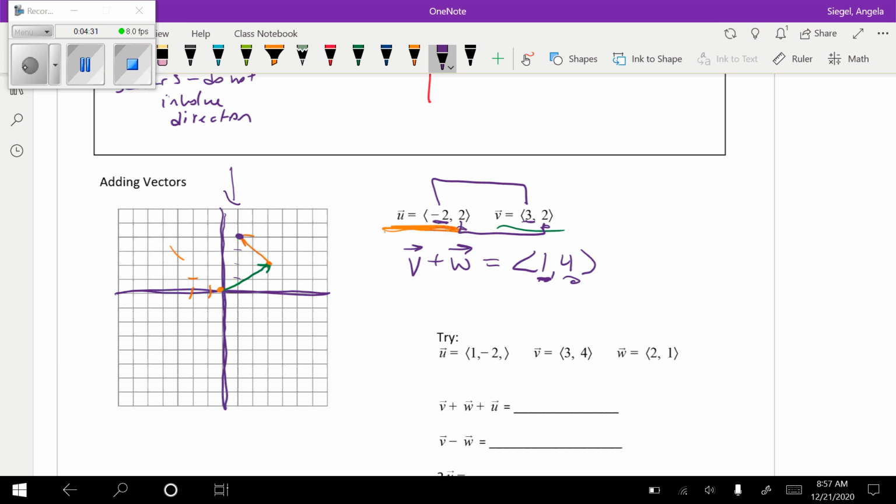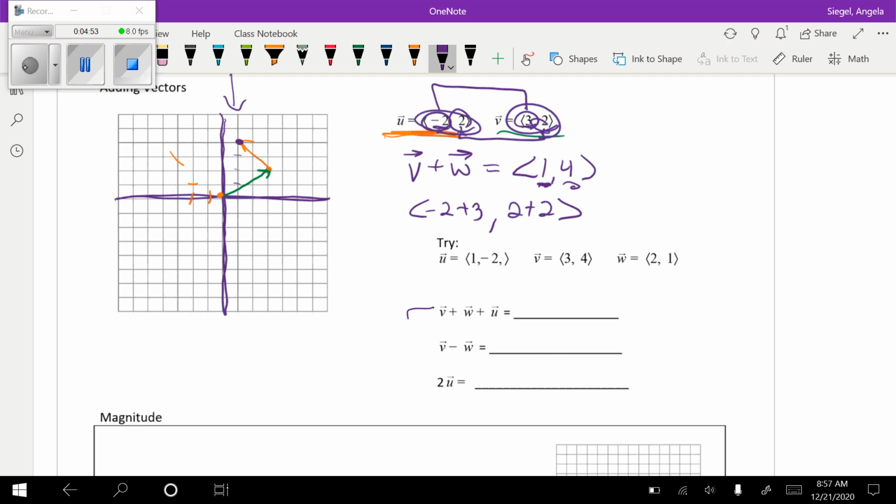You don't have to do the graph. Sometimes in problems you'll need to do the graphs, but if you're just having a basic adding or subtracting problem, I would just do that. Again, you would have -2 plus 3 right there, and then 2 plus 2, and that'll get you in the same place. So what I want you to do is do these 3.